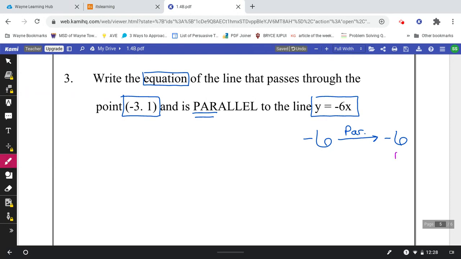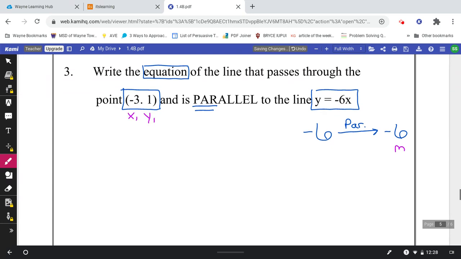This becomes my m, my x1, my y1. Plug it into the equation. And solve. Take a moment here, try to plug it into the right places, and eventually solve it out for y.